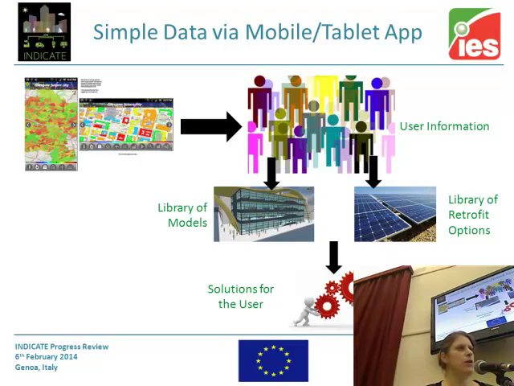And one of the main ideas behind this, while we're giving back the user some simple information as to how they can retrofit their building, it's more about collecting data from the user in order to be able to understand how the buildings within a city are performing.